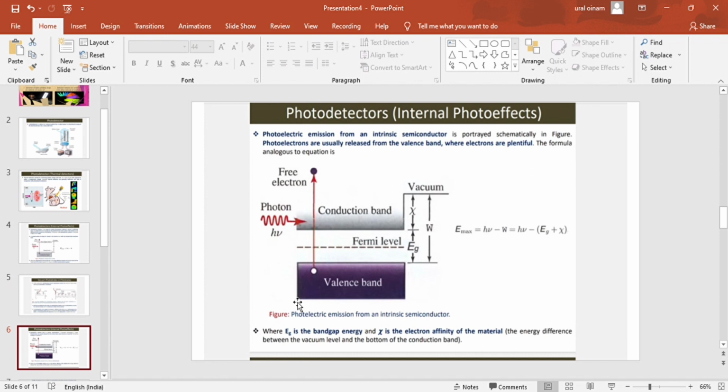In the valence band, they don't take part in any form of electrical conduction; they just revolve around the nuclei. But when the electron moves from the valence band to the conduction band, it becomes free to move around, and then it contributes to the conductivity of the material. So this is what we use. These are known as internal photodetectors or photodiodes.